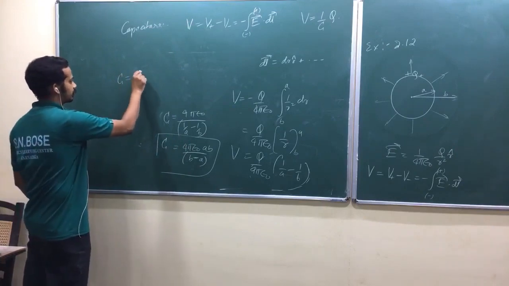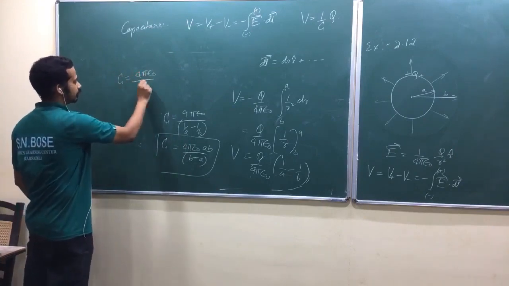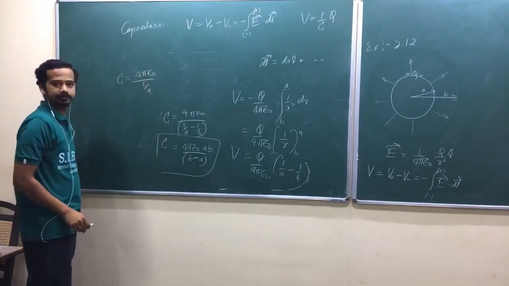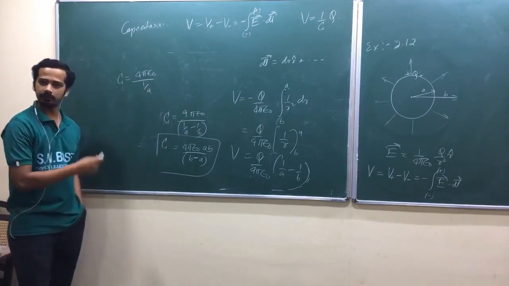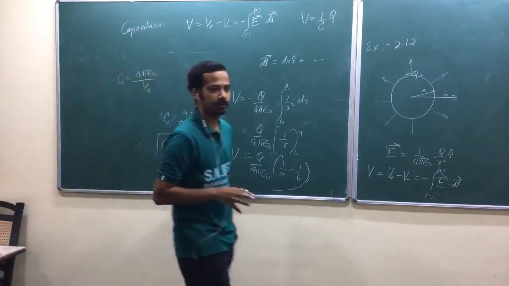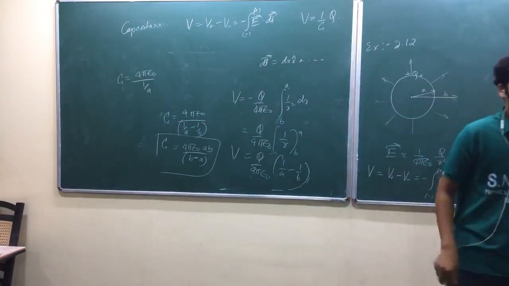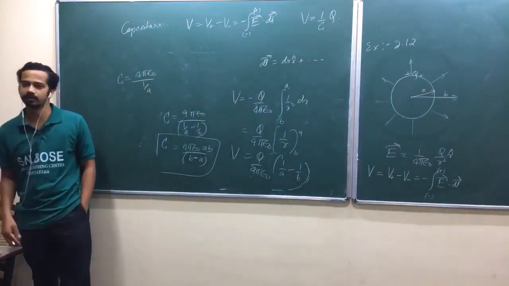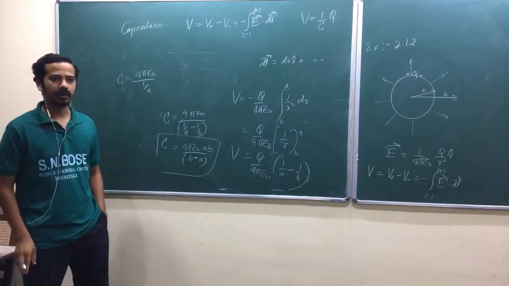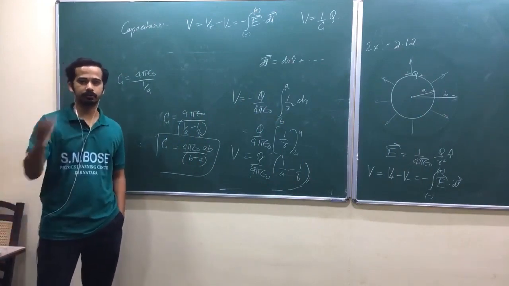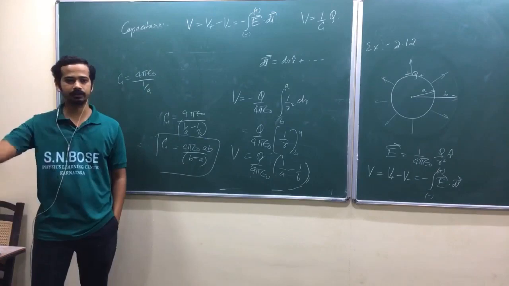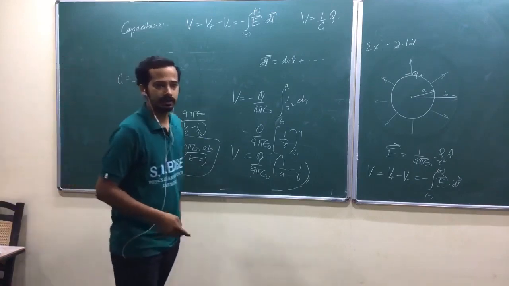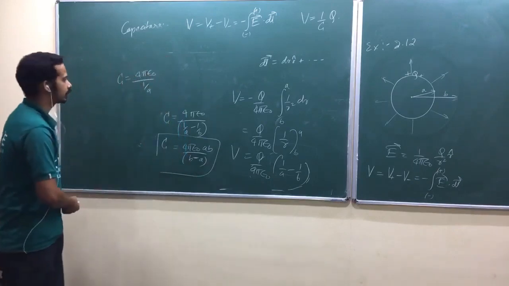So when you put B to infinity, your capacitance is 4 pi epsilon naught divided by 1 by A, isn't it? Only one conductor will also constitute a capacitance arrangement. Suppose you put plus Q charge on that one, where is minus Q charge? It is at infinity. So I can just generalize the same thing.